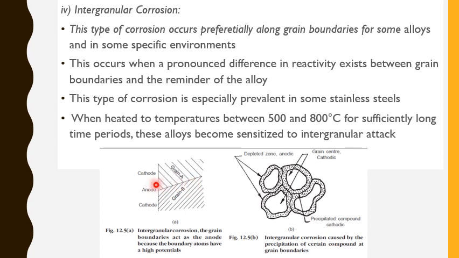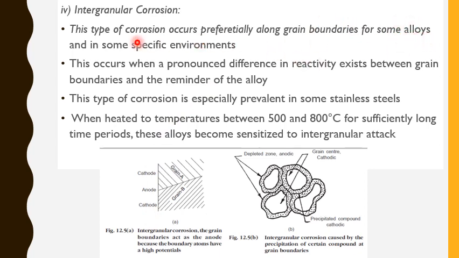The boundary acts as anode, and grain A and grain B act as cathode. And eddy current flow starts from here. It flows from anode towards cathode, and corrosion starts.